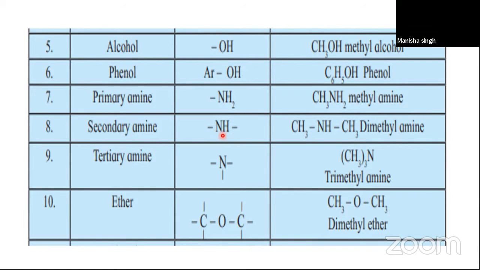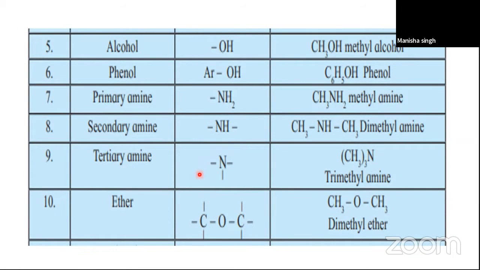NH is the secondary amine. So CH3NHCH3 is dimethyl amine. The example of a secondary amine is dimethyl amine. Now the next one is tertiary amine. In tertiary amine, all the hydrogens of ammonia are replaced by alkyl groups.